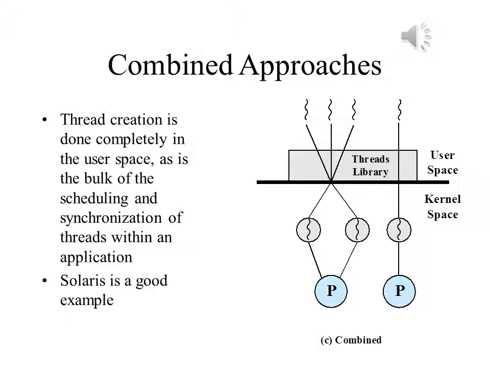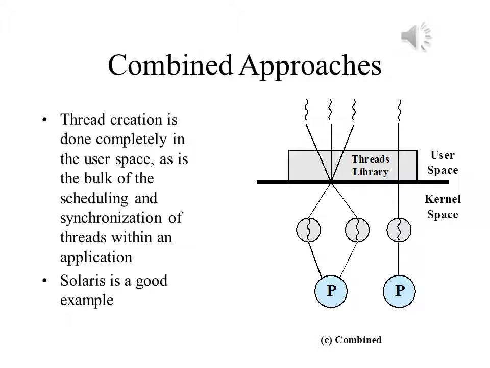Multiple user-level threads from a single application are mapped onto some smaller or equal number of kernel-level threads. The programmer may adjust the number of KLTs for a particular application and processor to achieve the best overall results.